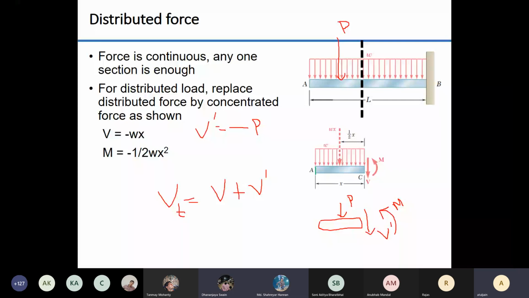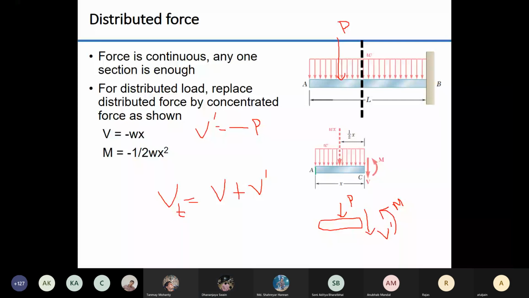By the principle of linearity. Sir, moment is not linear. Moment is a function of x square. You cannot add two uniformly distributed loads; you cannot say I am breaking my uniformly distributed load, or you can do that also. Why not? It is square of x.